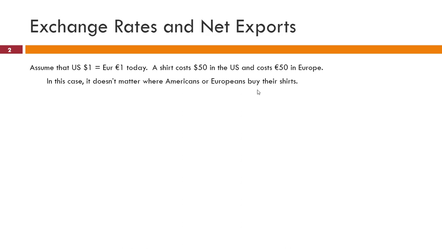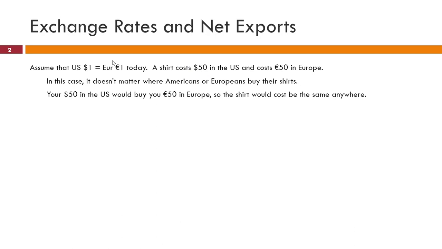If you were in the United States, you could buy your shirt in the United States and you would be able to buy it for $50, or you could turn your $50 into €50, and you could buy the same exact shirt in Europe. So the cost of the shirt to both Americans and Europeans is identical wherever we go.